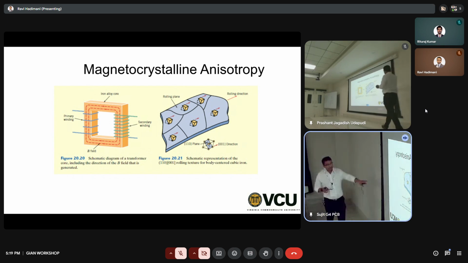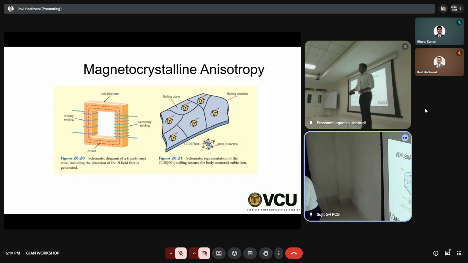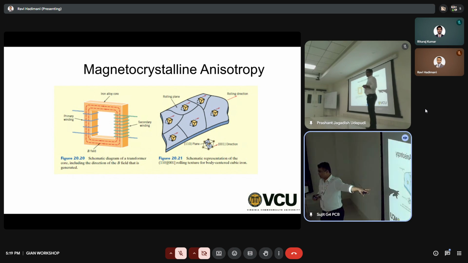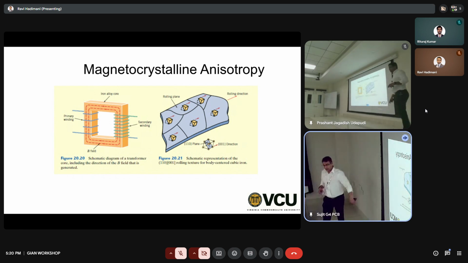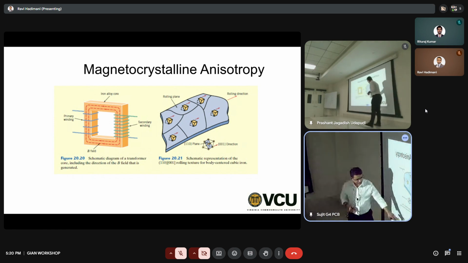So this is magnetocrystalline anisotropy, meaning you engineer materials such that you get the highest property, which in our case is the highest permeability, in the direction that we want. This is another processing technique wherein we can design materials that have better performance in a specific direction.